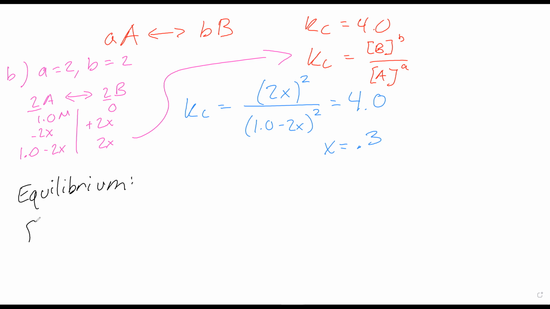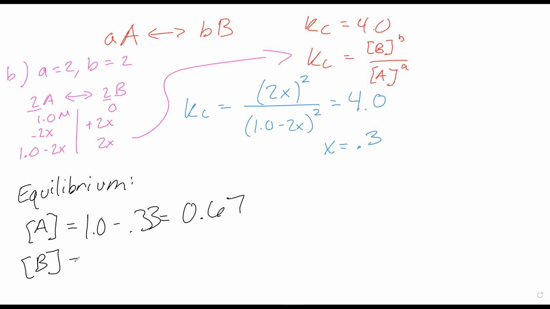At equilibrium, the concentration of A equals 1.0 minus 0.3, which gives me, oh, sorry, yeah, 1.0 minus 0.3. I'll do 2 sig figs there, which should give me 0.67. And the concentration of B is just 2x. Oh, wait, no, sorry, bad math.